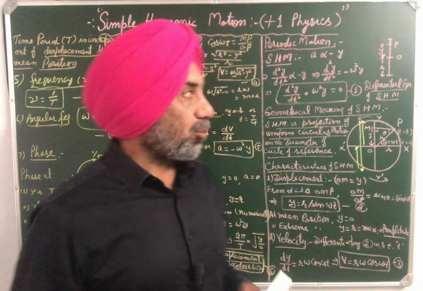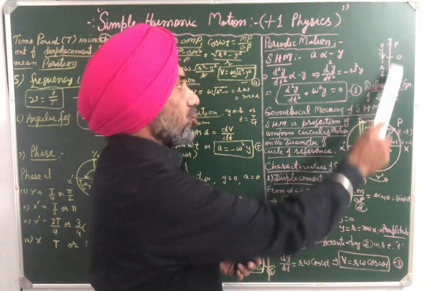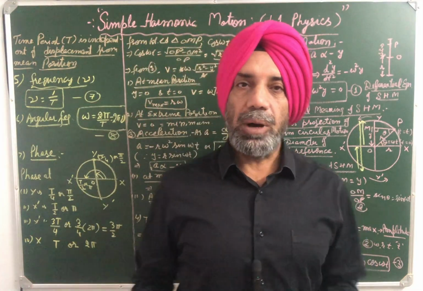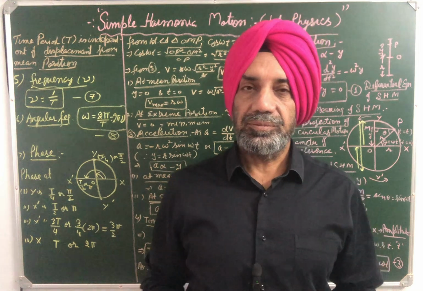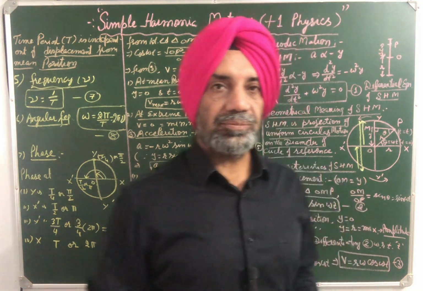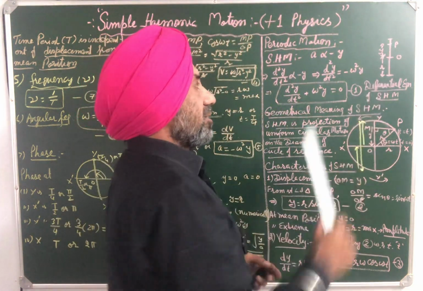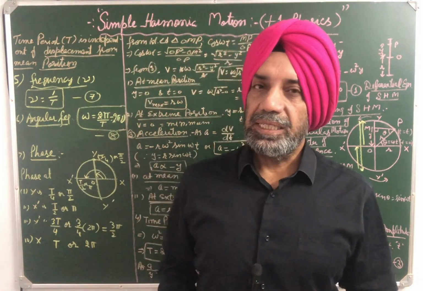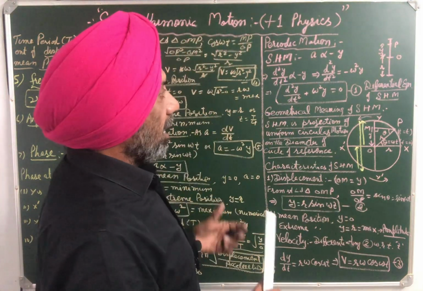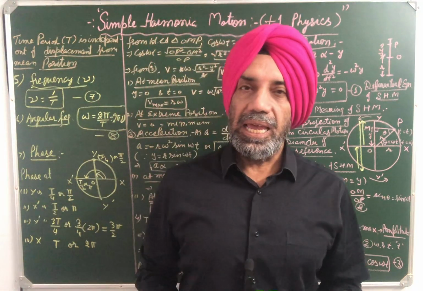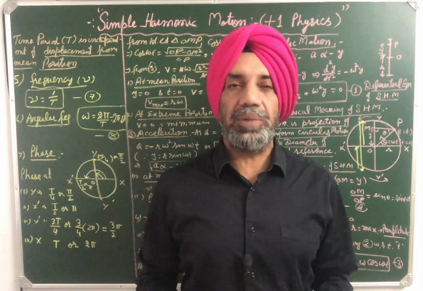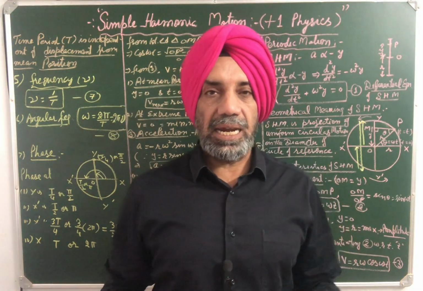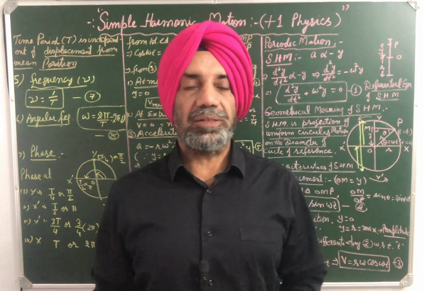So simple harmonic motion is a to and fro motion about a certain fixed point called the mean position, and in case of simple harmonic motion, acceleration is directly proportional to its displacement from the mean position and it is directed toward the mean position.